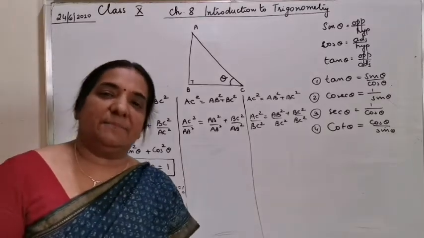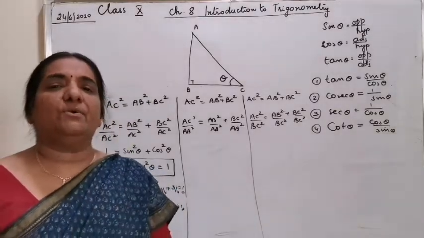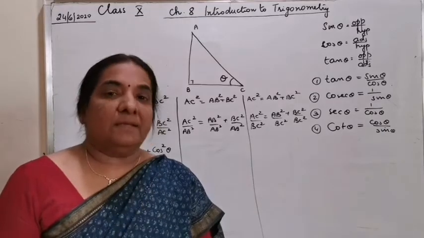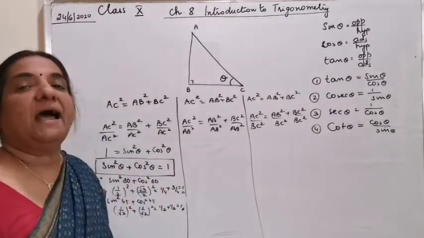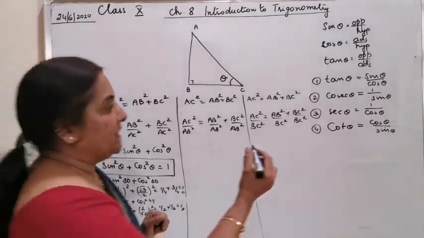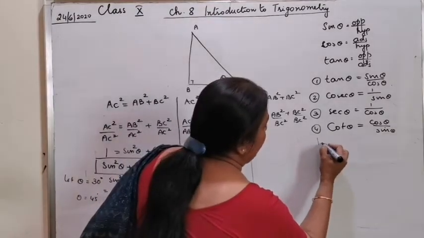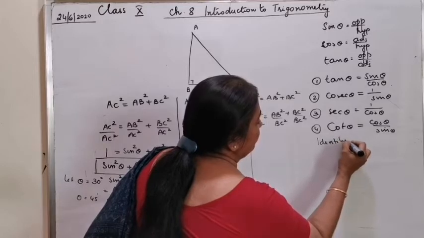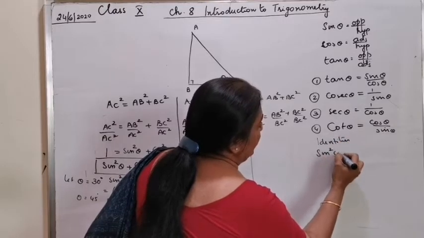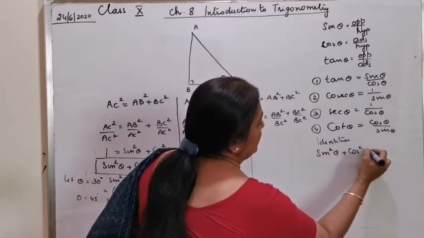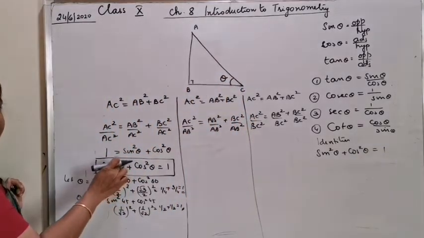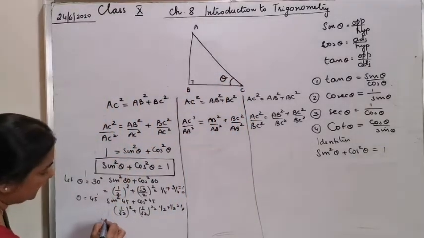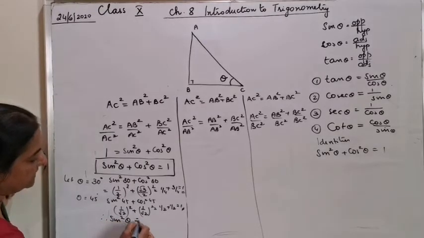An identity means for any value of theta, sine square theta plus cos square theta will add up to 1. So, the first identity is sine square theta plus cos square theta is equal to 1. Using this identity, can you write what is sine square theta?